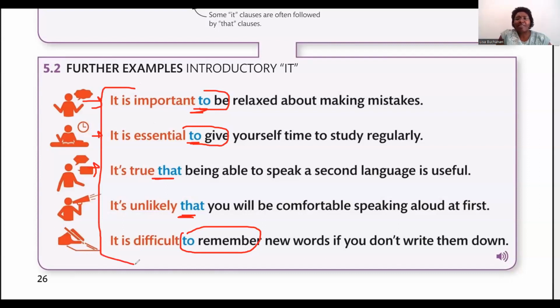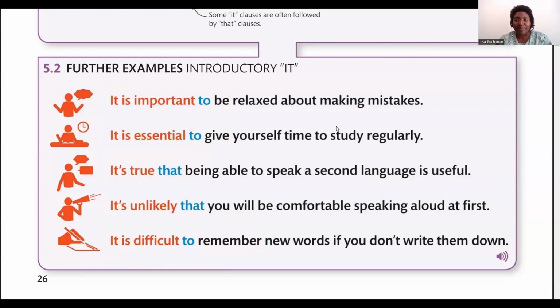We are not talking about a specific person. We're just saying it. But remember, the next part of the sentence has to start with to or that. We use to if we're just going to use a verb directly after it, and we don't change the verb. That's why it's the infinitive form. And then we use that followed by an explanation or whatever else we need to say in that part of the sentence.